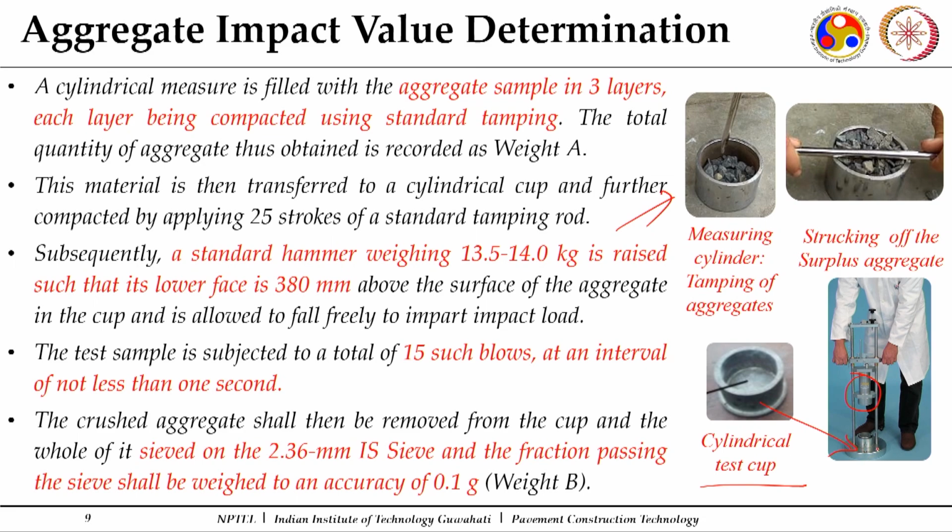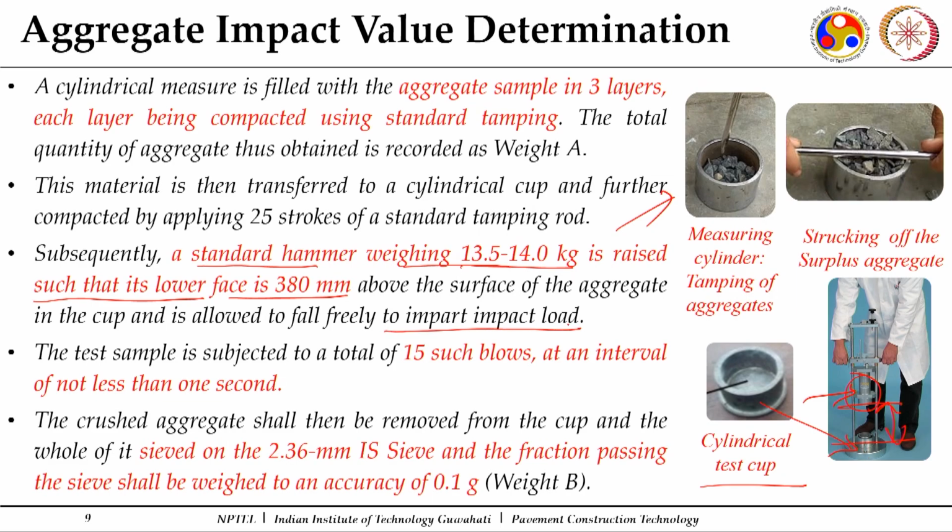So what is done in this case: you can see that there is a standard hammer weighing 13.5 to 14 kg, which is raised such that its lower face is 380 mm above the sample, and then it is allowed to fall over the aggregate sample.